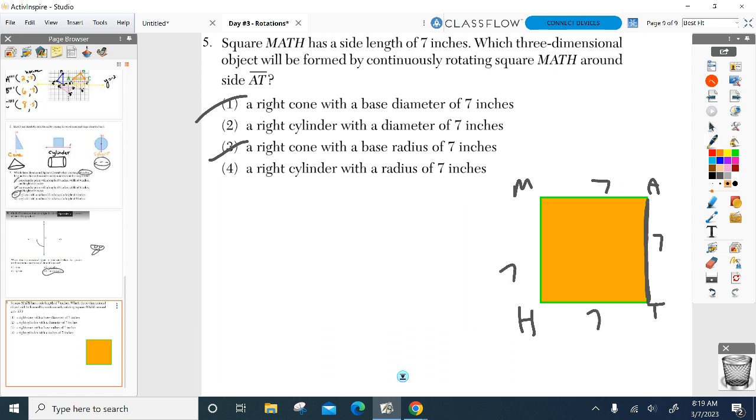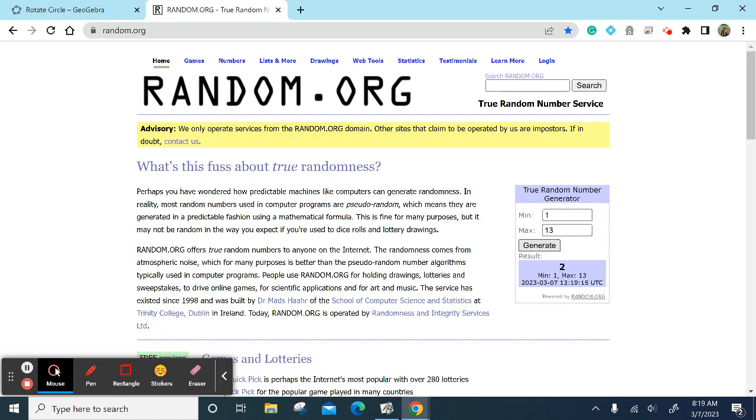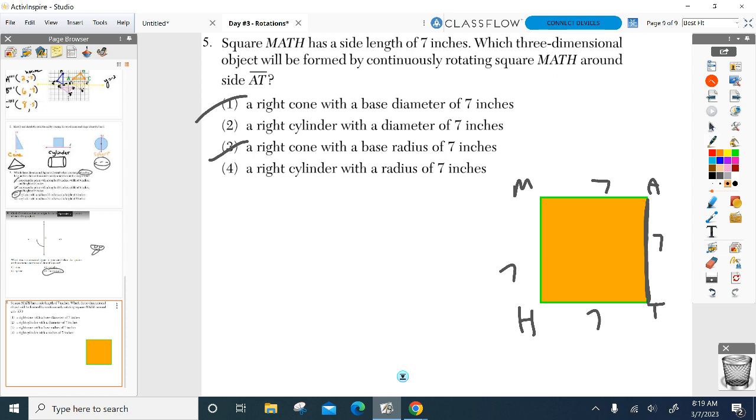So is it going to be a cylinder with a radius of 7 or a diameter of 7? Radius of 7. Diameter will be 14, right? Because here's the radius right here. It's going to rotate around here. There's your radius on one side, radius on the other side. All right, all good? All right, let's do this.